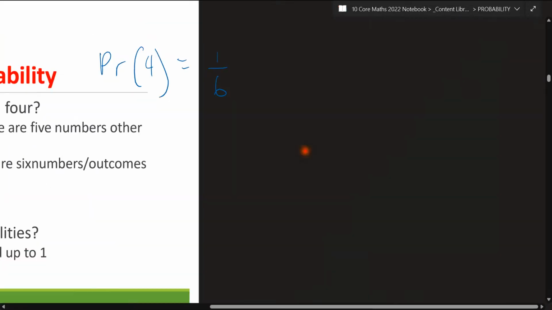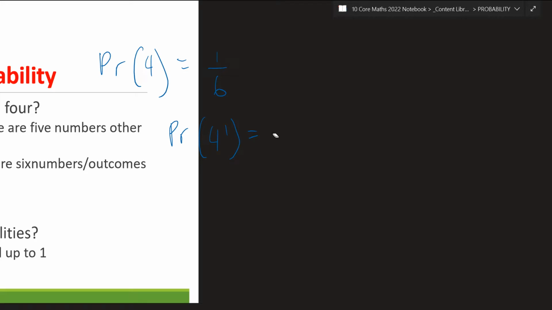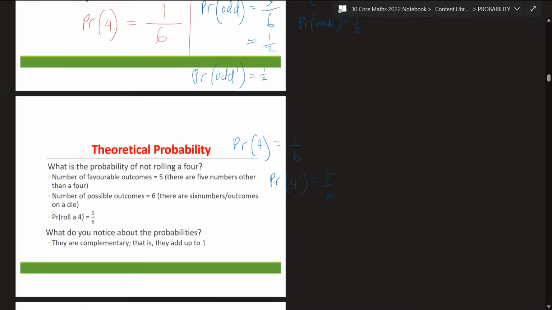But basically, if you see PR of not 4, think about it. How many numbers are not 4 on a dice? 5. You've got 1, 2, 3, 5, 6. So it should be 5 out of 6. So the opposite of 4 would be 1, 2, 3, 5, and 6. So there's 5 numbers.